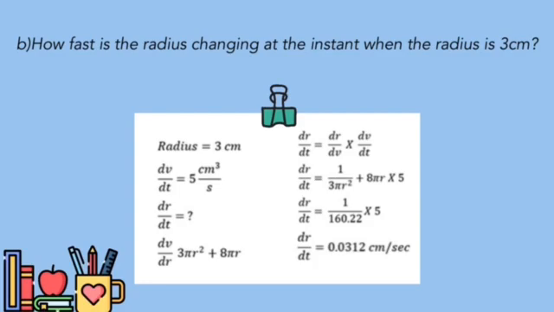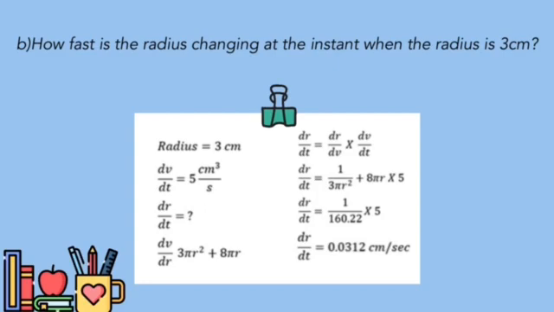Then to find dr over dt, we multiply dr over dV by dV over dt. The value for dr over dV is 1 over 3 pi r squared plus 8 pi r, times 5.